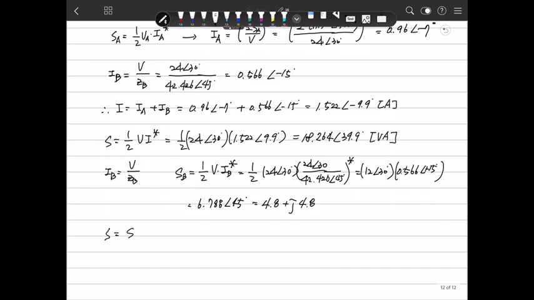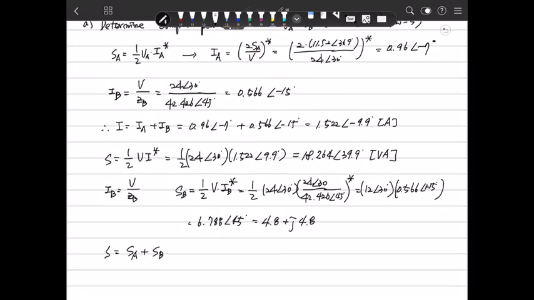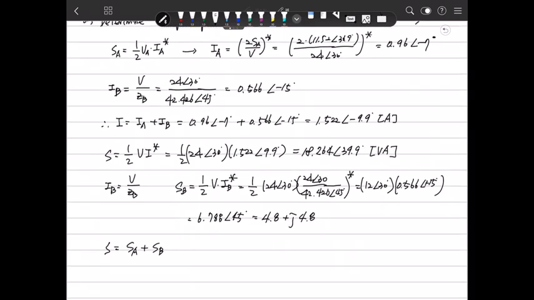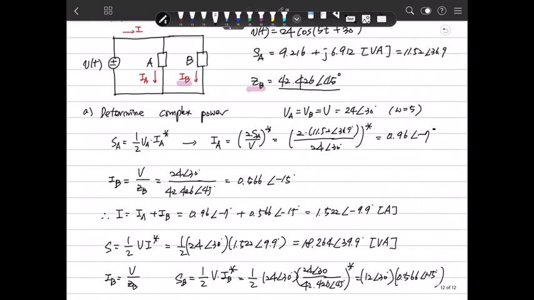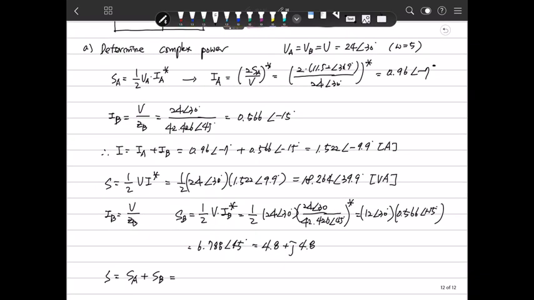Therefore, S is the sum of SA plus SB. SA was here 9.216 plus j6.912 plus SB is 4.8 plus j4.8.